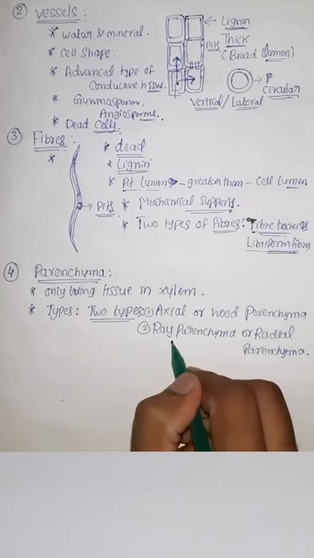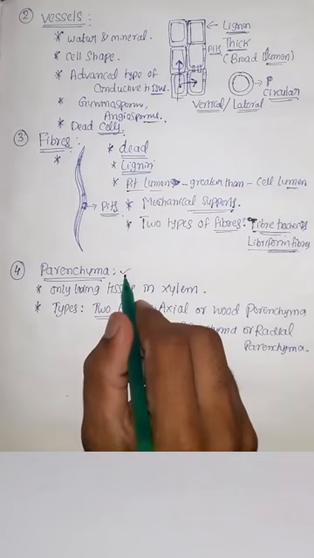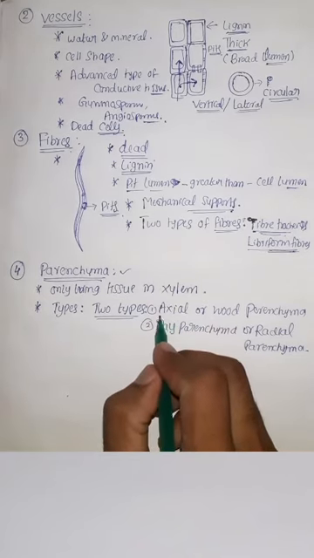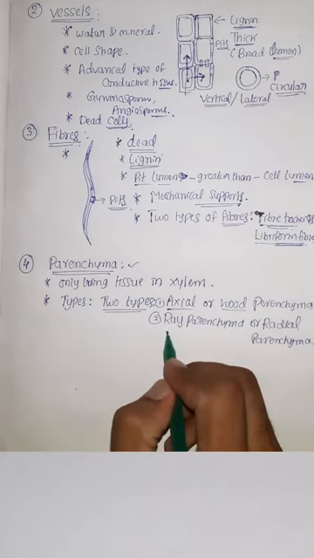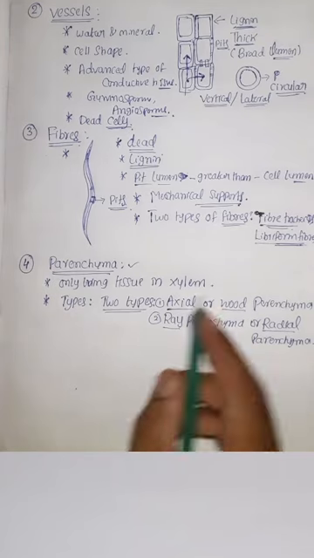These are the two types of parenchyma found in the secondary xylem of almost all plants.